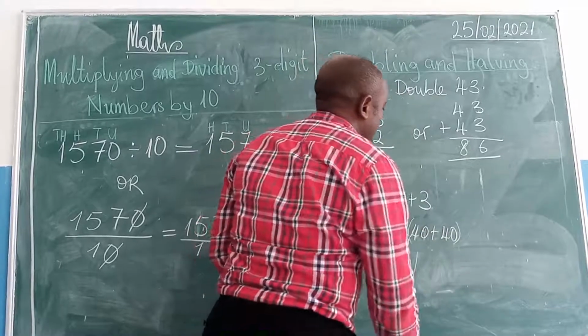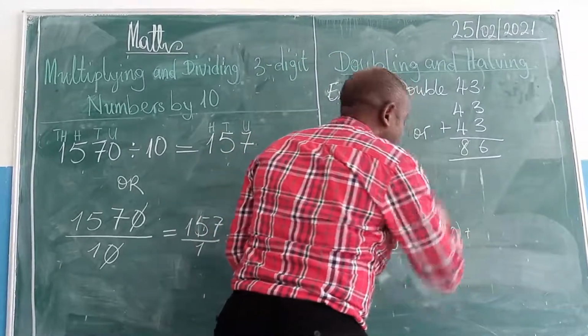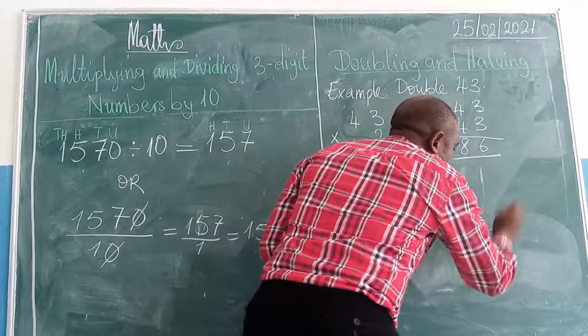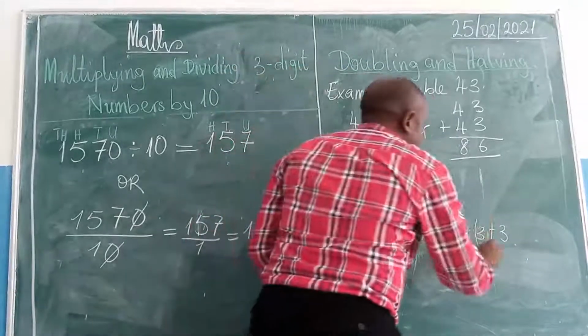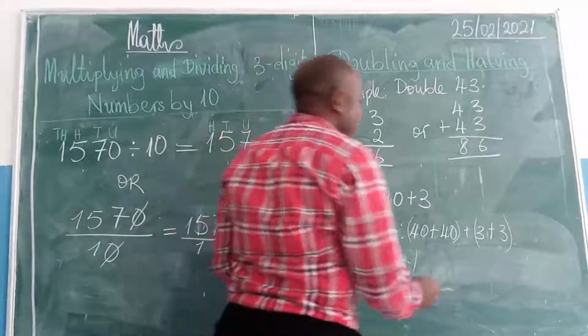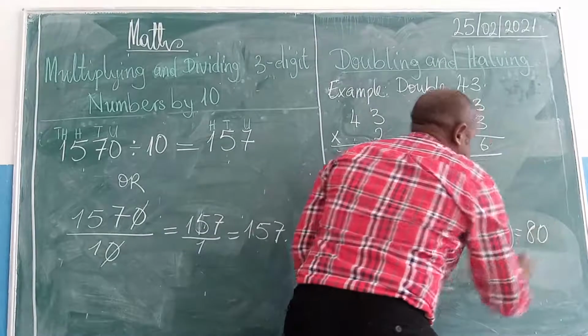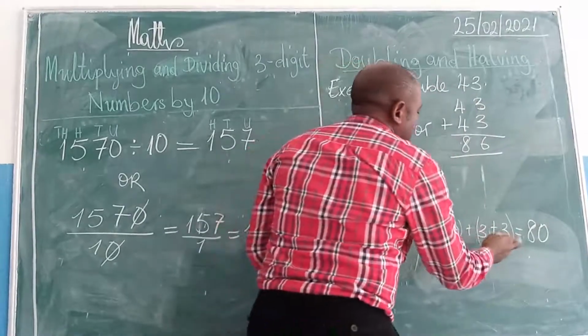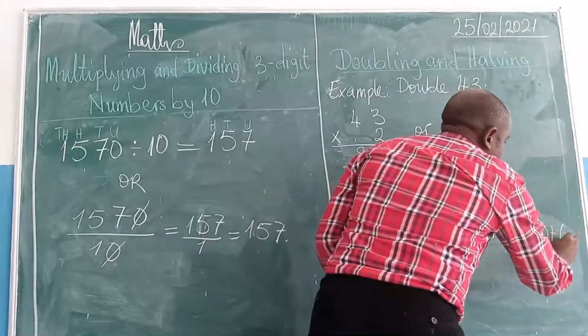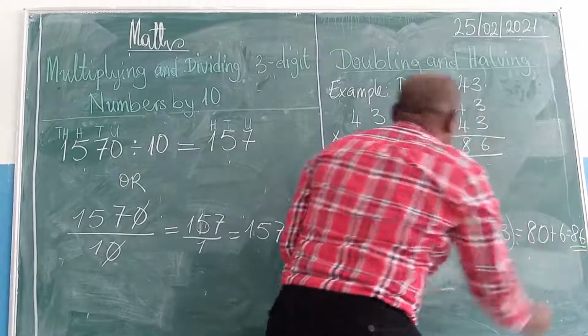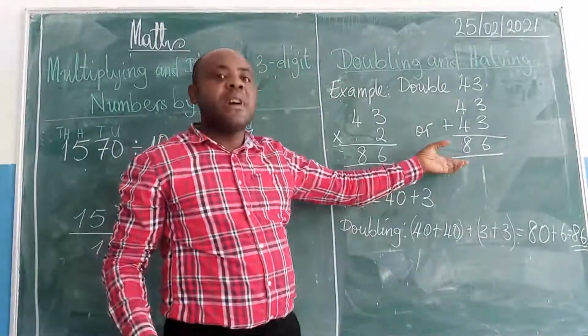I have doubled the 40, plus 3 plus 3. This is the second one. So 40 plus 40 is 80. And then 3 plus 3 is 6. So my answer is 86. We come back to the same answer.